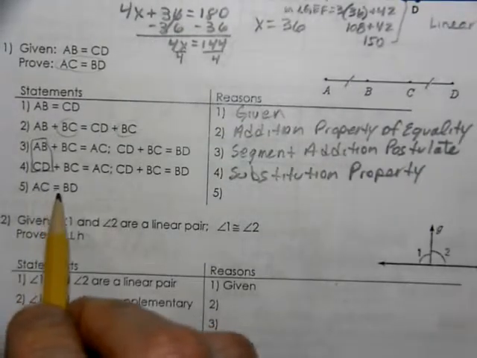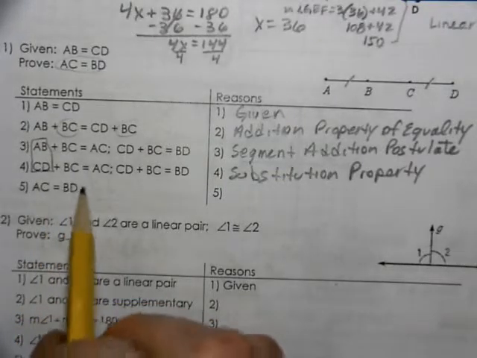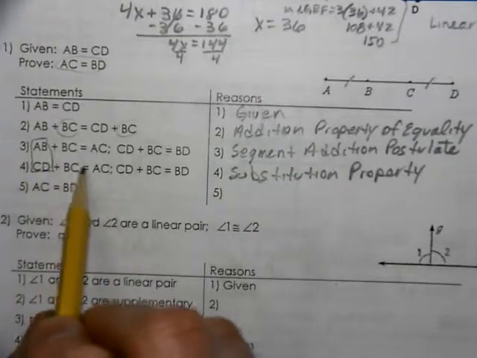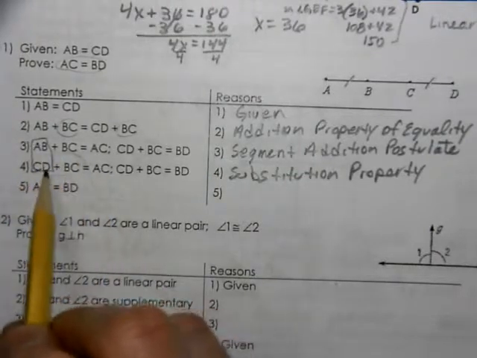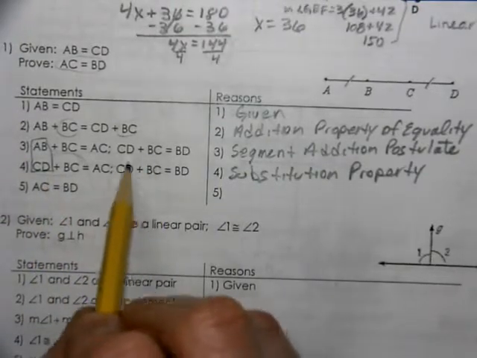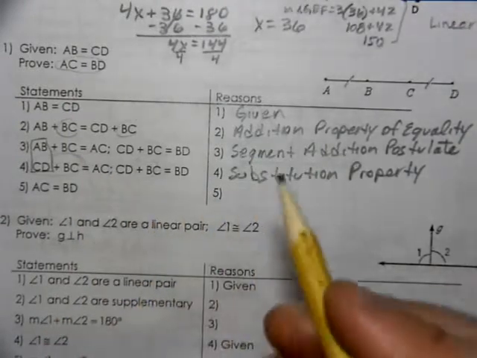Then we have AC equal to BD, and if you notice, AC is equal to this value. That value is again written right here, so that is also equal to BD. So AC has to equal BD.